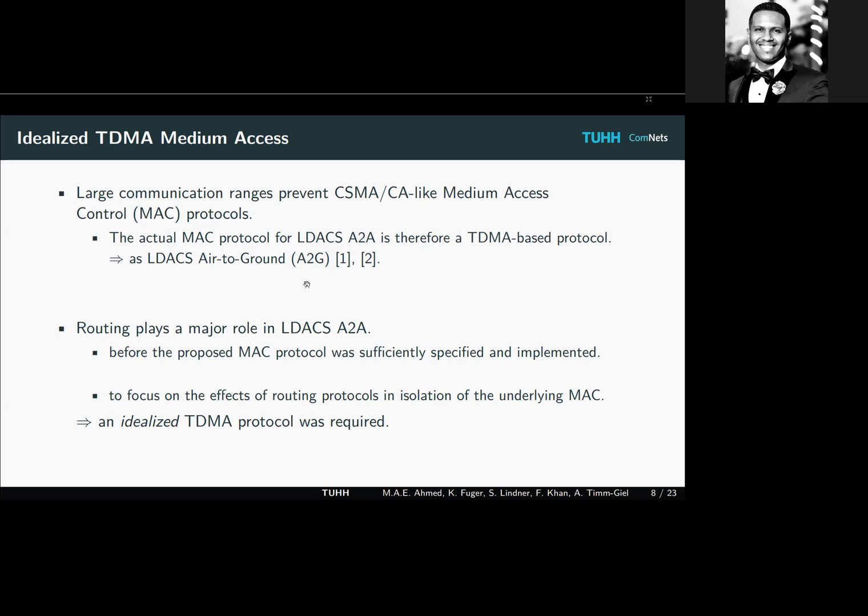That's why the actual MAC protocol for LDAX air-to-air will be a TDMA-based protocol. And it's similar to what is already defined for the air-to-ground part, which is also a TDMA-based protocol.